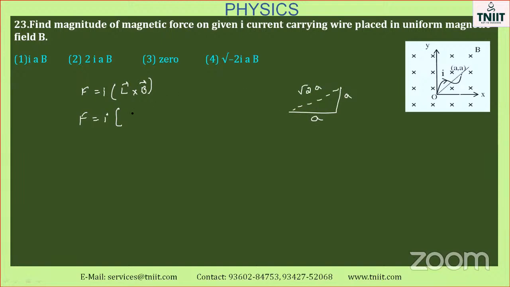It is root 2 A. So root 2 A into B. So F is equal to root 2 A into I into B. So you can take the fourth option, root 2 A I B. Fourth option.